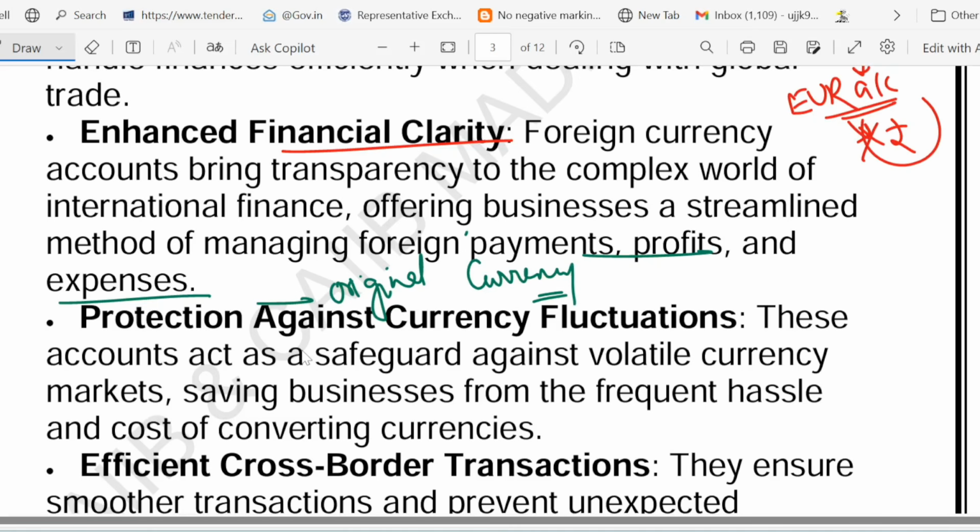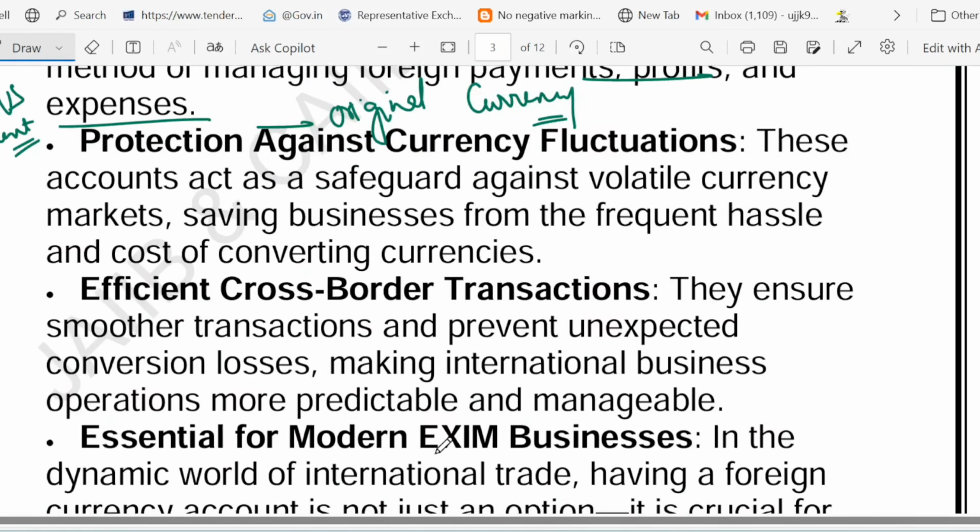For example, suppose there is a Canadian tech startup. They can exactly track how much they are earning in dollars from a US client versus how much they are spending in Great Britain pounds on a UK developer. That's how it helps in enhancing financial clarity.